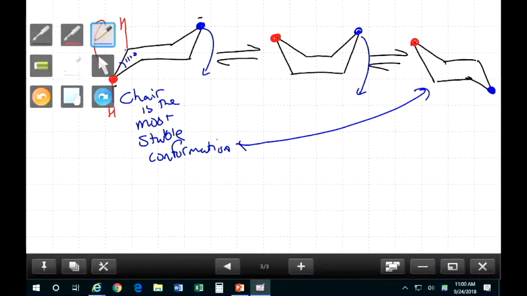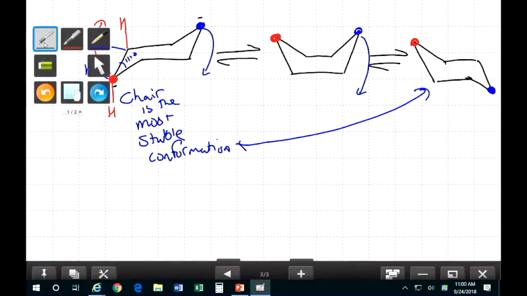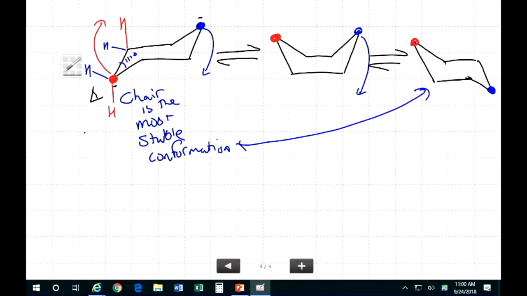If we look at a Newman projection, again with my crappy eyeball drawing, we look right here at this carbon, and then back to the other one. If you drew a Newman projection, you would see that all of those groups are in a staggered conformation. There are no eclipsing interactions.